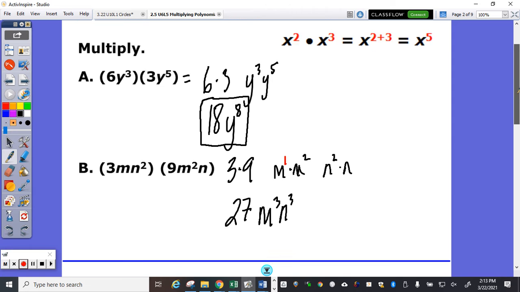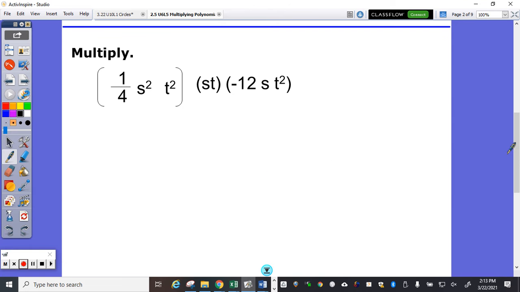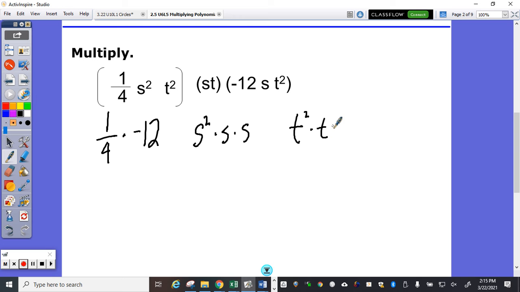All right, good. All right, you do this one. All right, we're grouping the numbers. So I have 1/4 and negative 12. We have s squared times s times s. We have t squared times t squared.